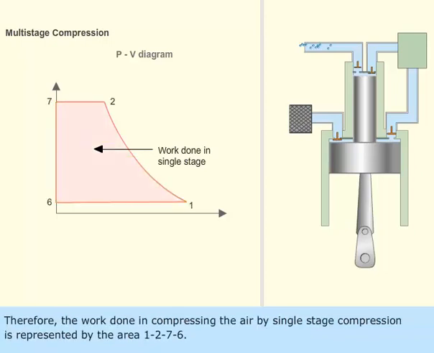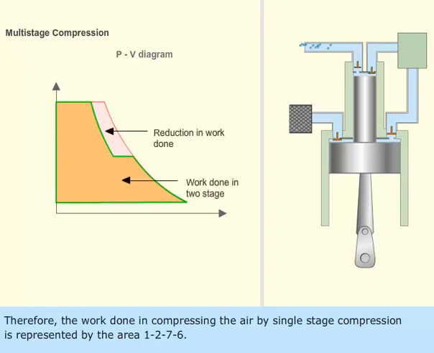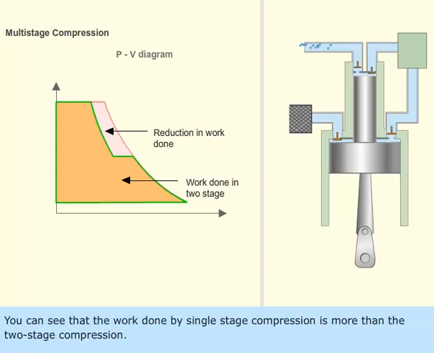Therefore, the work done in compressing the air by single-stage compression is represented by the area 1, 2, 7, 6. You can see that the work done by single-stage compression is more than the two-stage compression.